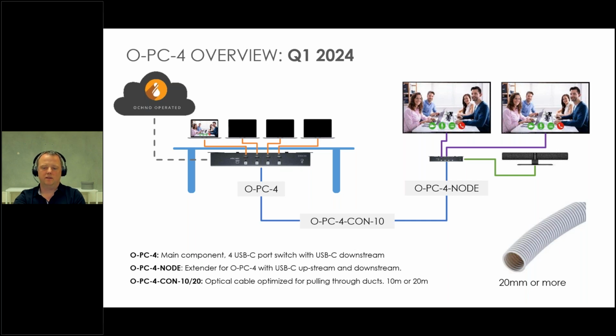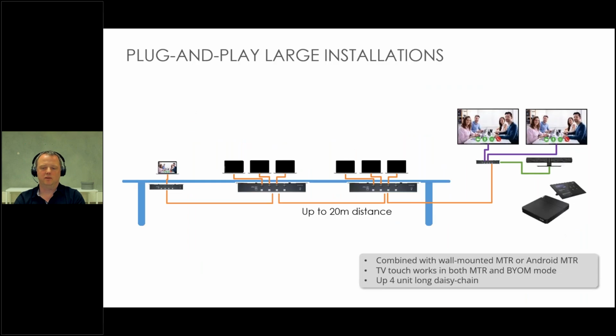What is important to be able to support all these different topologies and also the extended ones is that you can combine the main unit and the node unit in different ways to handle extensions, both at the table side and at the wall side. So you have USB-C inputs and USB-C outputs, and you can just connect those together to form these kinds of larger installations, still while having support for the Barco use case, the MTR use cases, and everything else that we talked about.